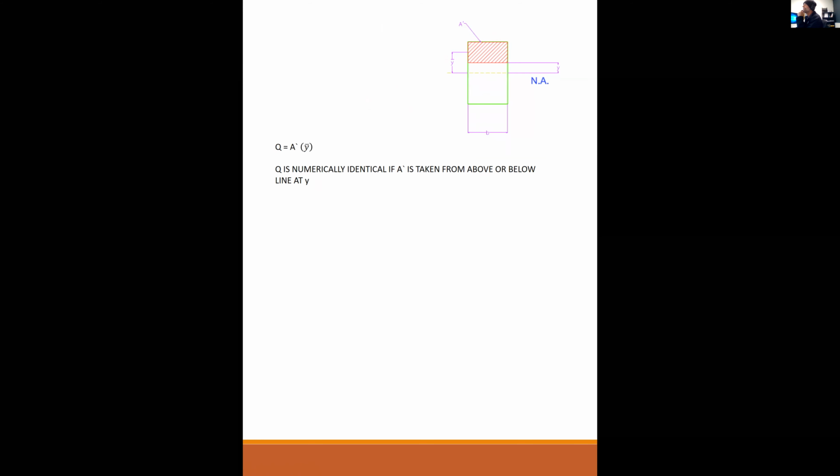Okay, so the hatched area times this distance is numerically identical to this area that I just boxed in times the distance from the center of that to the neutral axis.